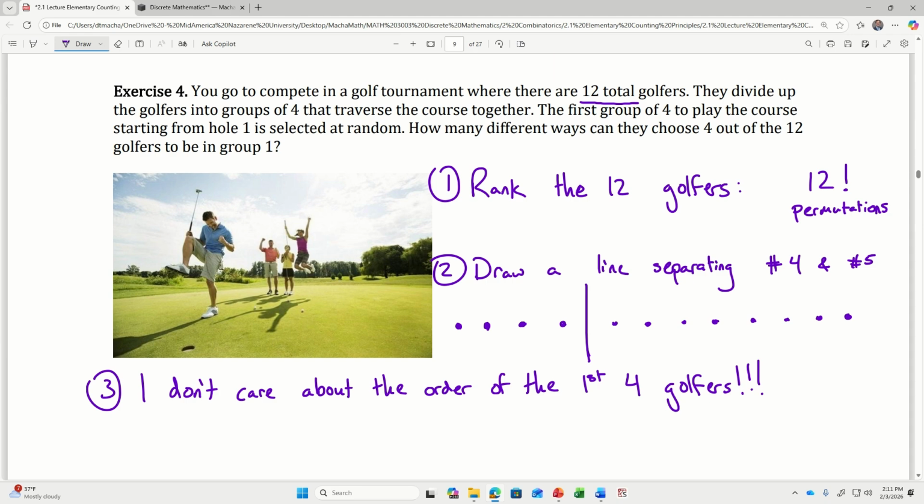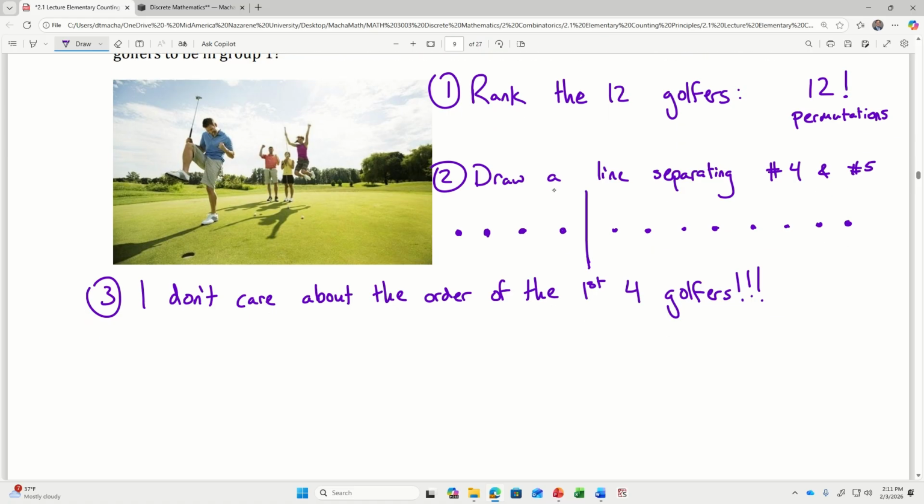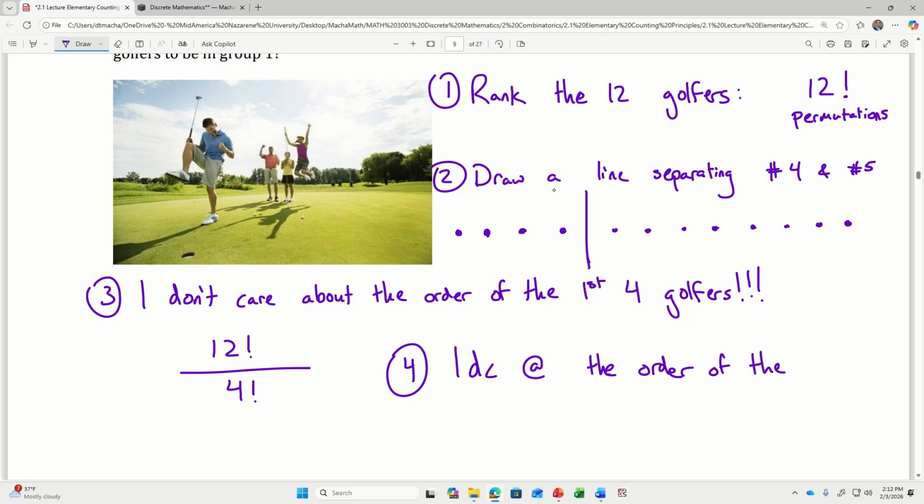And since I don't care what order they're in, I should take my 12 factorial permutations and divide by 4 factorial. That way, I can get rid of all of those extra permutations that are essentially the same for me. The next thing, in step number 4, is I don't care about the order of the last 8 golfers.